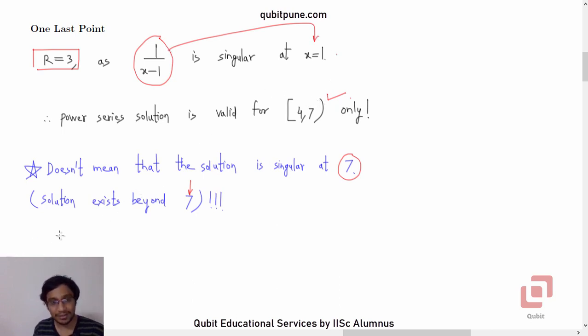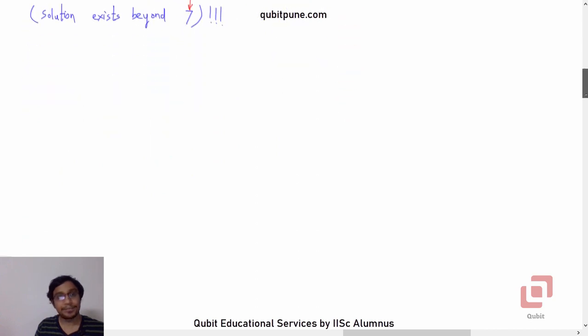So let me put it in this way. If we consider the function 1 upon 1 minus x, this is defined for all values of x in the set of real numbers excluding 1.